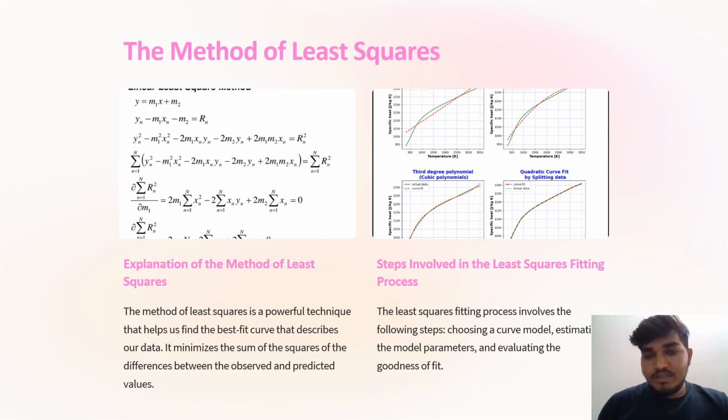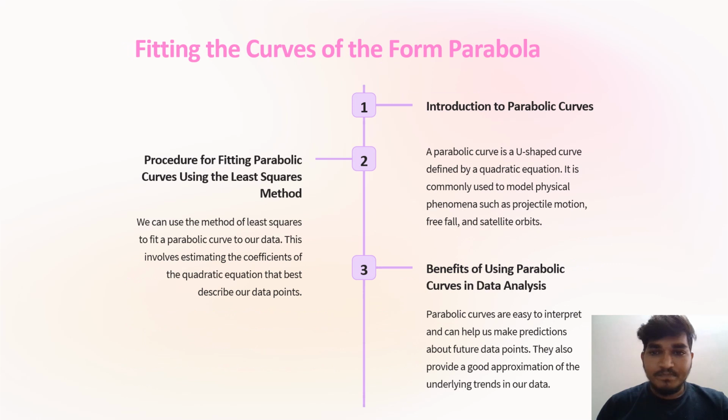And coming to the steps involved in the least squares fitting process. The least squares fitting process involves the following steps: choosing a curve model, estimating the model parameters, and evaluating the goodness of fit.